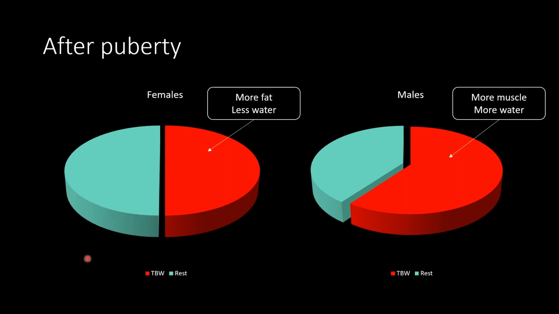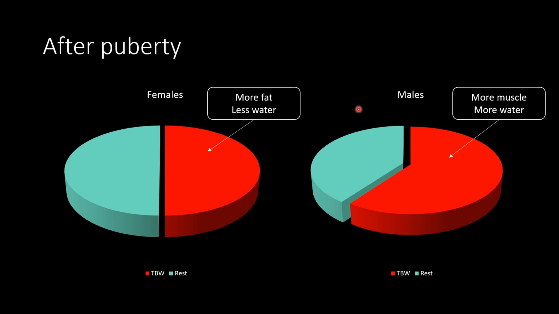Now, in an adult, that is after puberty, if we compare females and males, in males 60% of the total body weight is body water, in comparison to females, in which almost 50% of the body weight is body water. Why this lesser proportion in females? Because in comparison to males, females have more body fat and less body muscle.